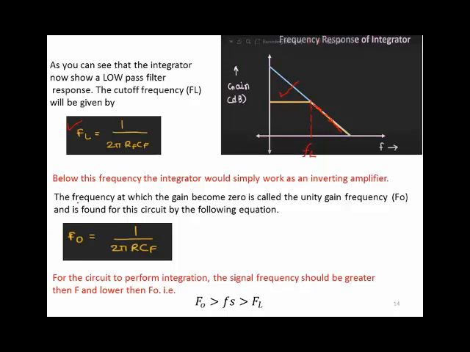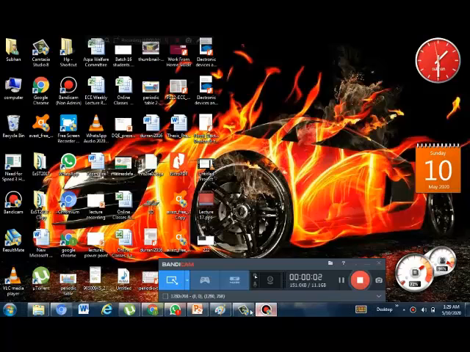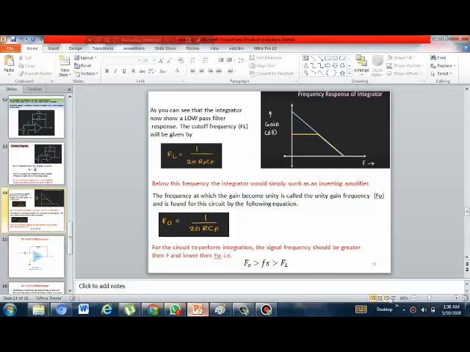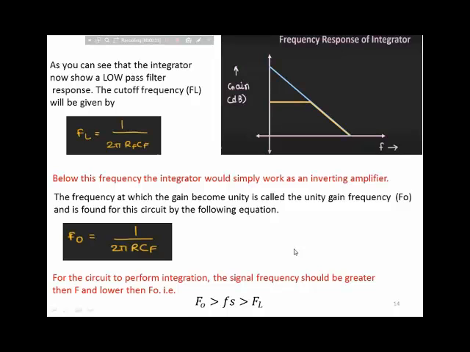Now the frequency at which the gain becomes unity is called the unity gain frequency. This is the frequency at which the gain becomes 0 dB or equal to unity.